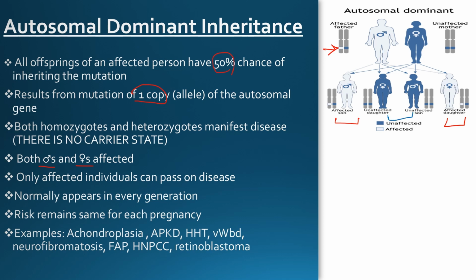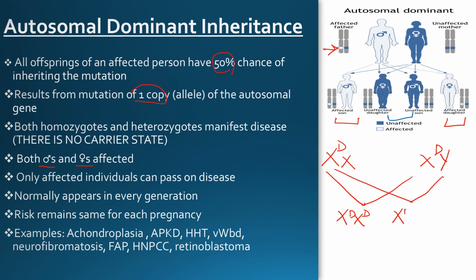Let's learn it with another example. For instance, both parents are affected with the disease, and I'm marking it with XD. Their offspring will be heterozygotes, homozygotes, and normal. Let's change the color so that it's easier for you to understand. Here, there is an interesting concept.